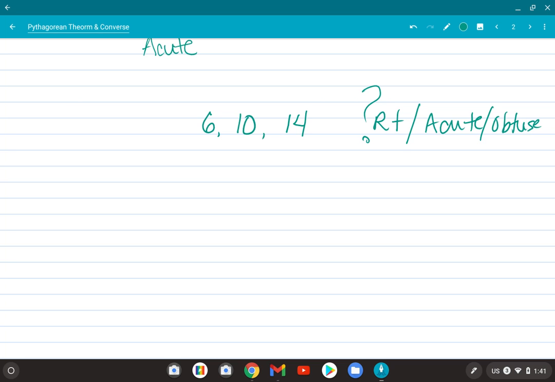Okay, so now remember, C is always going to be your 14. So 6 squared plus 10 squared. We don't know what the middle one is, so 14 squared. 6 squared. I seem to be staying with the sixes. I don't know why. Plus 100. And I don't know my 14 squareds. Oops.